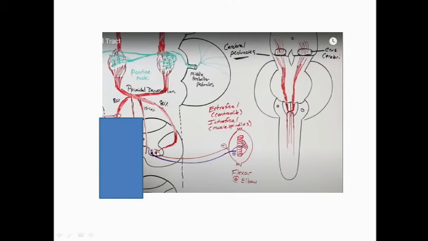They either synapse with the interneurons or directly with the lower motor neuron. And what are the lower motor neurons? Alpha and gamma motor fibers. Now these alpha and gamma motor fibers, along with the motor nerves, give their innervation to the spindle.